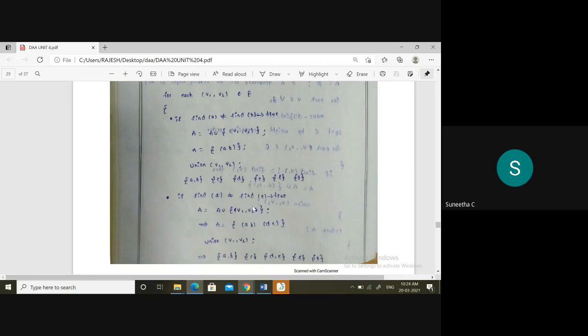ఓకే, స్పానింగ్ ట్రీకి యాడ్ చేశాక ఏం చేయాలి, వీటిని ఒకే సెట్‌లో ప్లేస్ చేయాలి. తర్వాత వీటిని ఒకే సెట్‌లో ప్లేస్ చేస్తున్నాం.